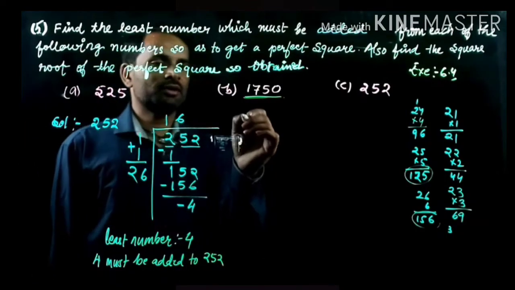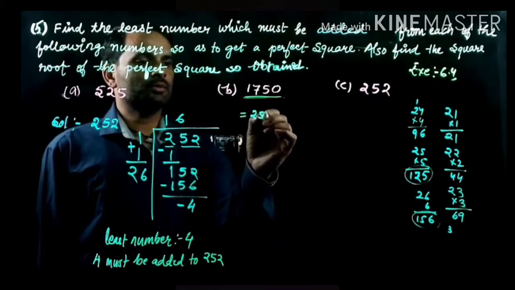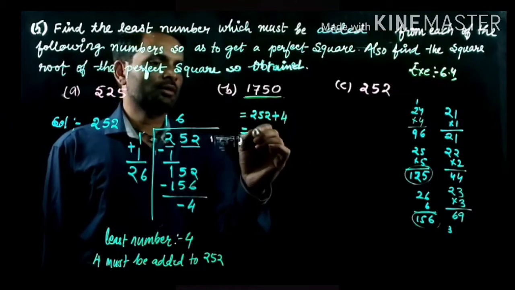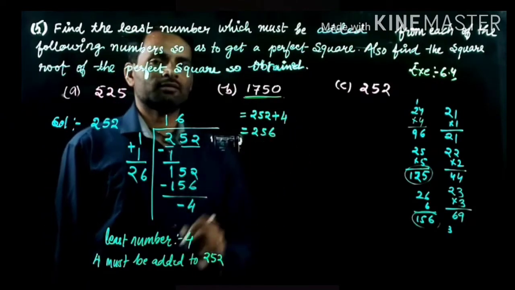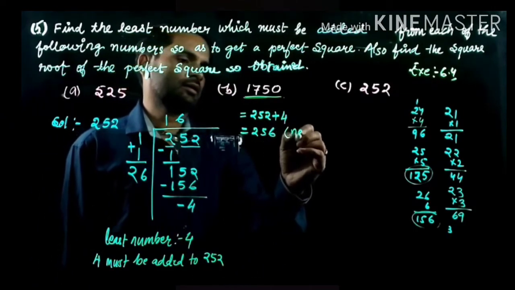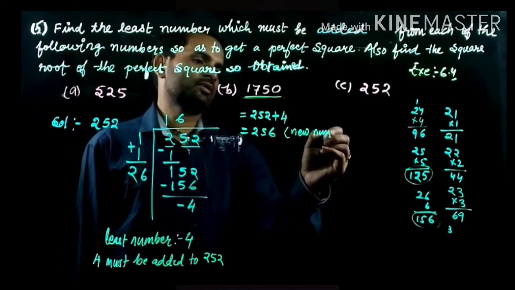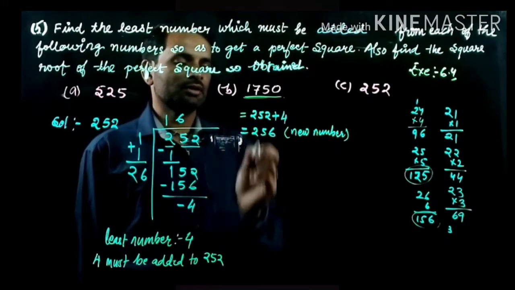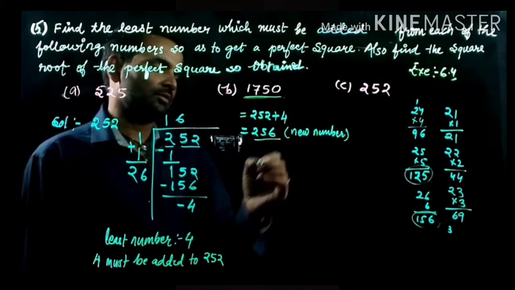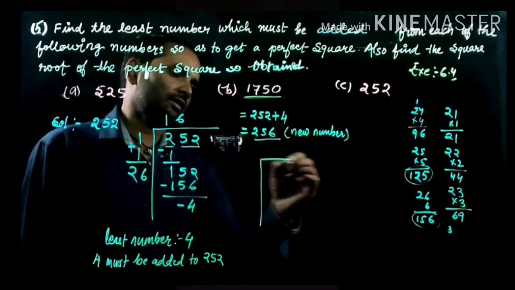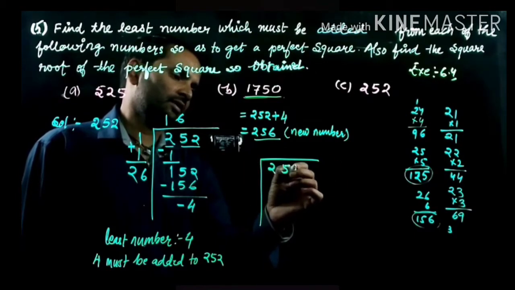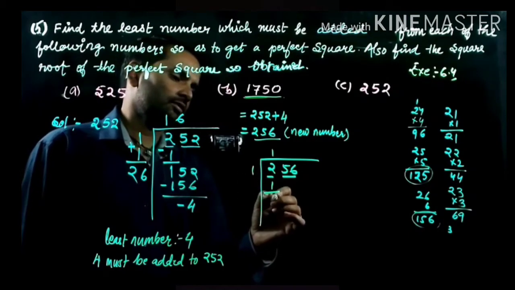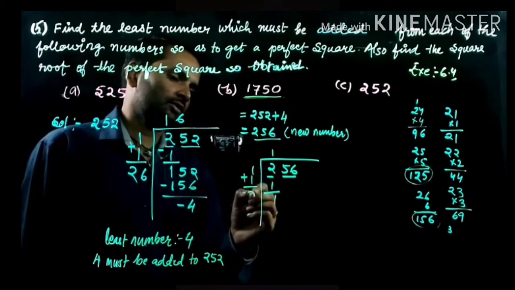252. The new number is 252 plus 4 is equal to 256. 256 is the new number, and also find the square root of the new number. We write again the division method, 256. When you pair, first 1 times 1 is 1, add 1 is 2.